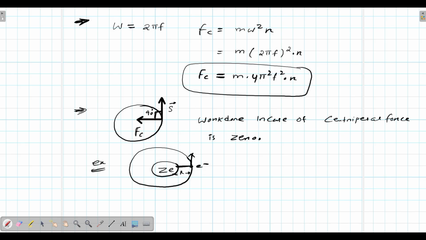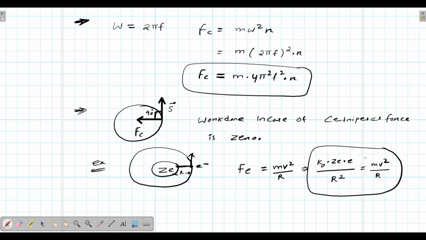Here electrostatic force equals centripetal force. Electrostatic force K0 Ze into e divided by r square equals m v square divided by r.